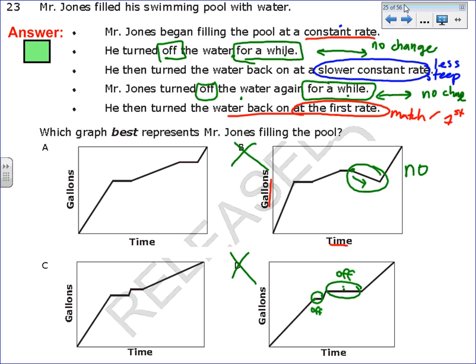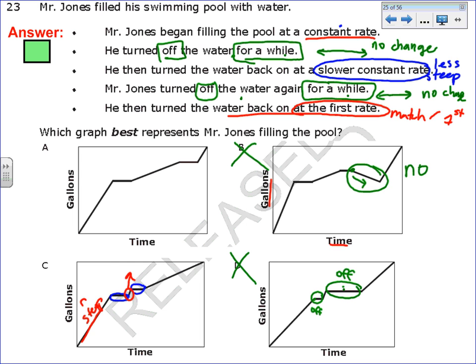Now I need to choose between A and C. I don't know if you can see it as well, but this and this are not the same size. So I already know the stops weren't as long. But just in case that's not what you saw from that, you can notice this. Okay? This is steep. And then when he turns the water off, it gets even steeper.